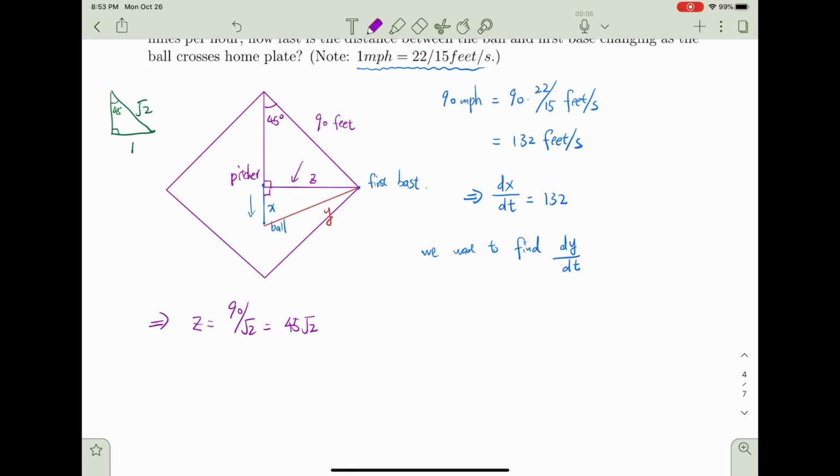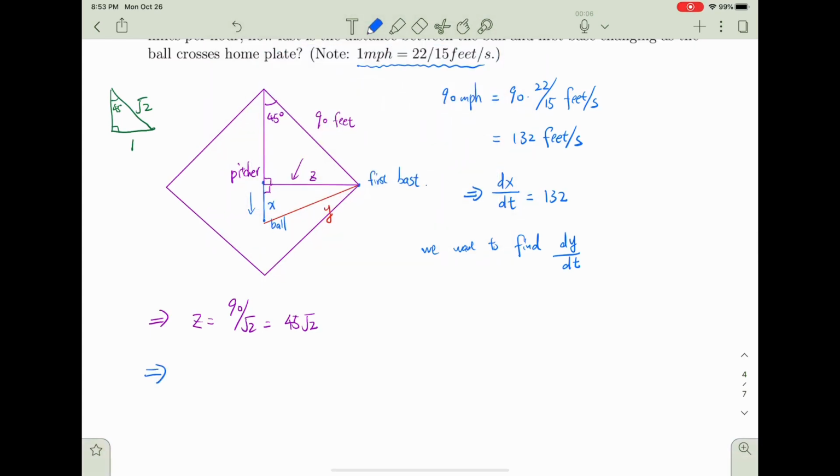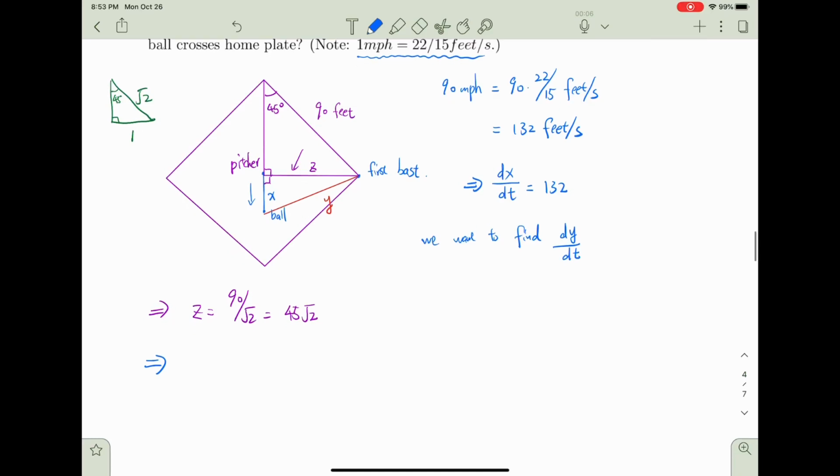So by the Pythagorean theorem, we can establish the relation between x and y. So we have x squared plus z squared equal to y squared, right?